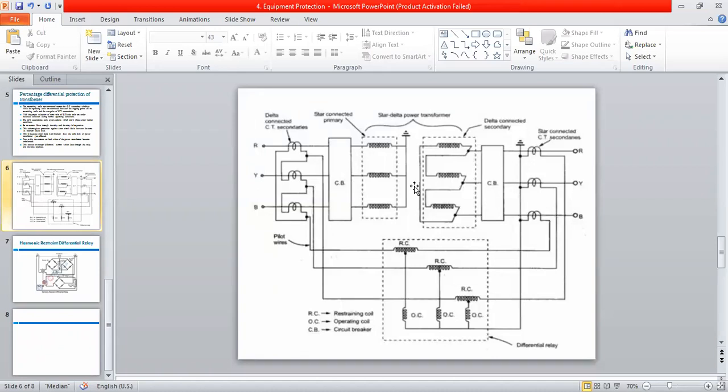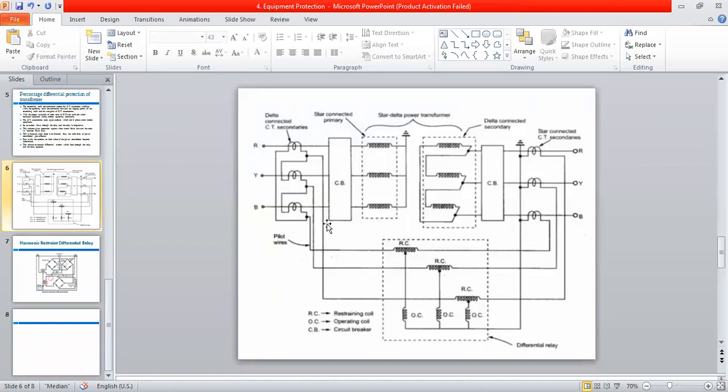What happens there? We are either stepping down the voltage or increasing that voltage. So how are these transformers actually connected or protected?